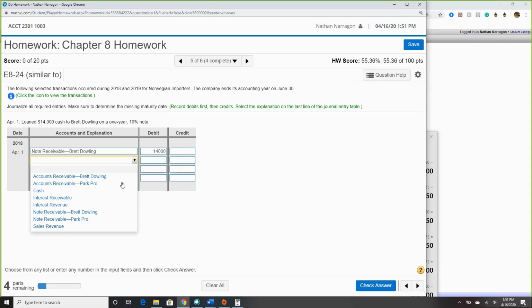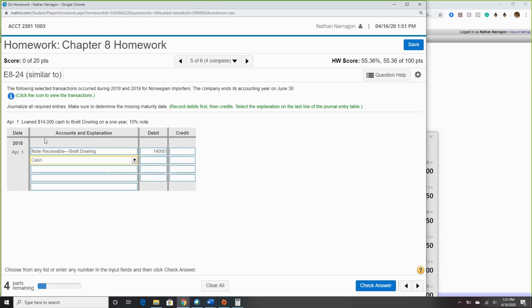And then, of course, cash is an item that we basically gave them. I like how they got like 4 blanks just to mess with everyone. And there's gotta be more. So here we accepted a note in exchange for cash.